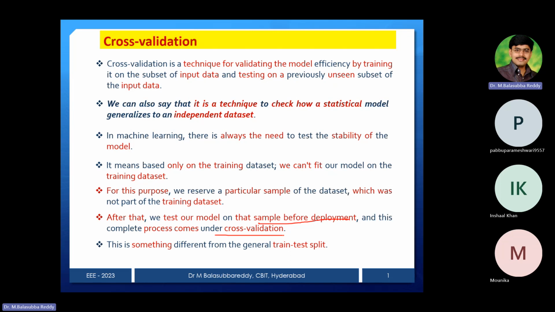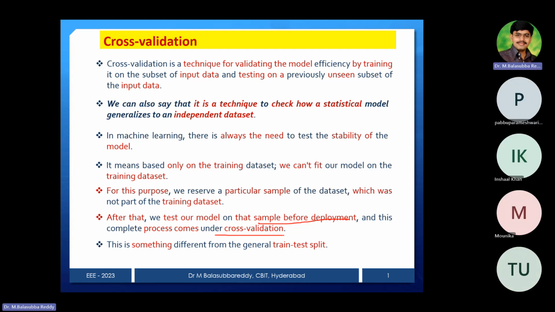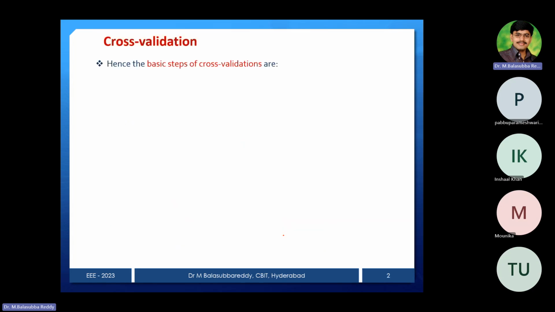As in the previous class, normally there is a total data set. In that data set, 80% is training and 20% is testing, or maybe 70% and 30% and so on. But what we can do is in the training data set, we split some portion separately. That portion will not be used for training purpose, only for validation purpose.